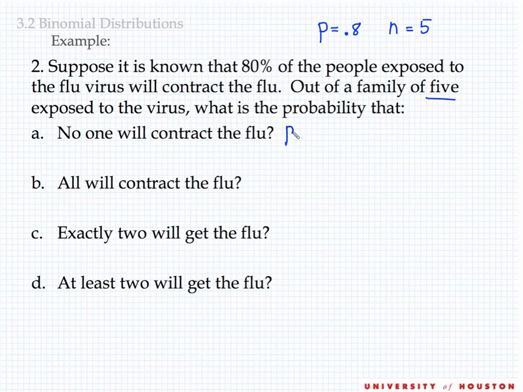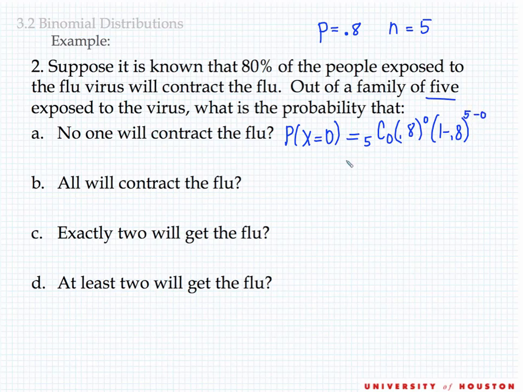So the probability that no one gets the flu would be the probability that x is equal to 0. That'll be 5c0, 0.8, our success, to the 0, and 1 minus 0.8 to the 5 minus 0.